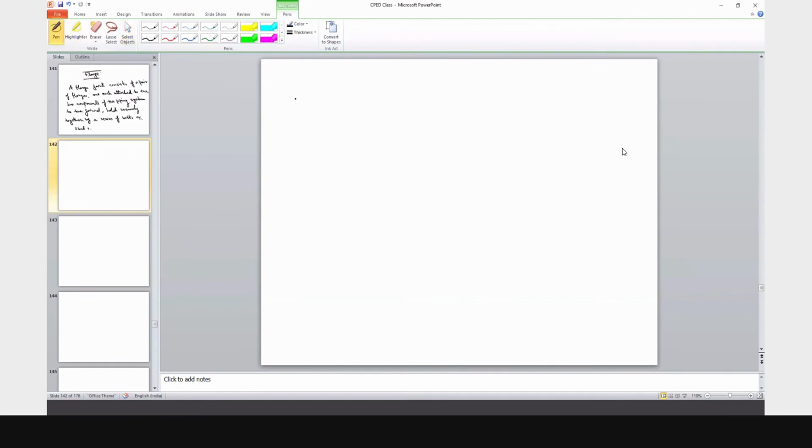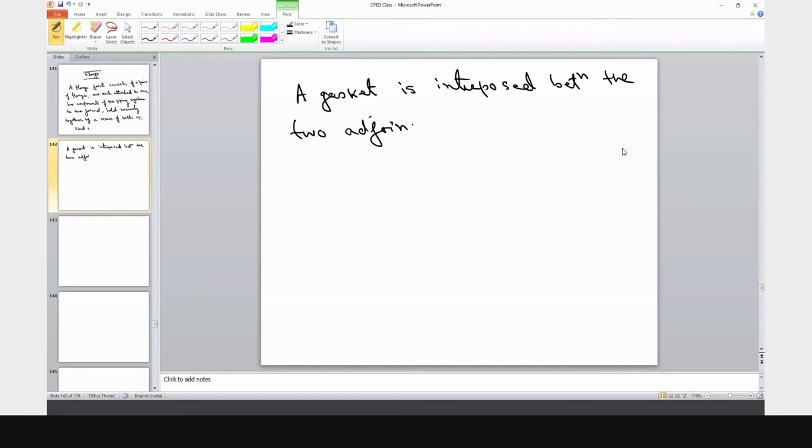A gasket is interposed between the two adjoining flange faces.